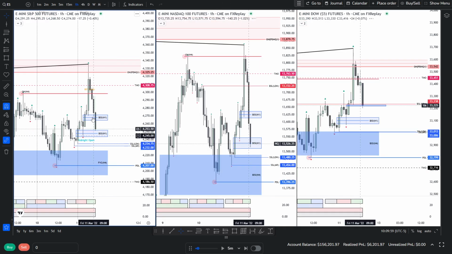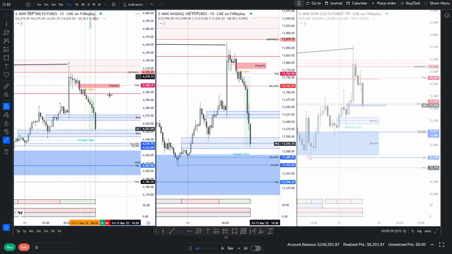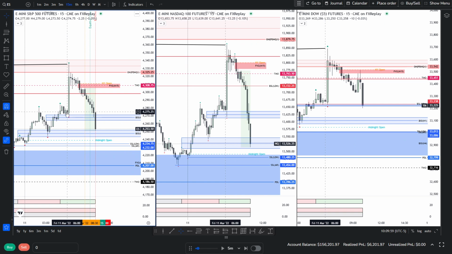Drop down to the hourly. So we've traded through here. This is now looking rather bearish.